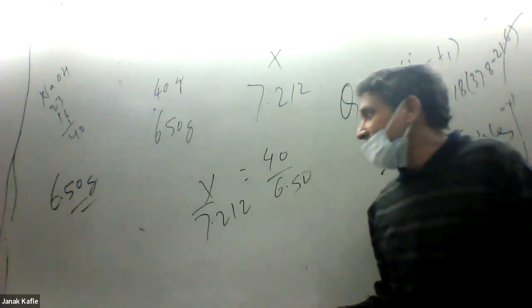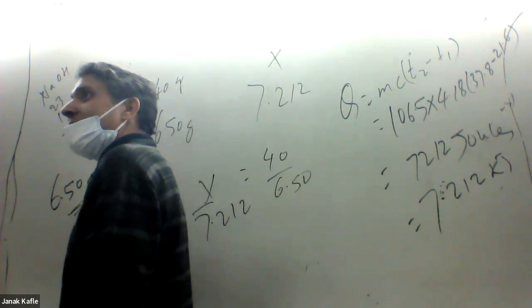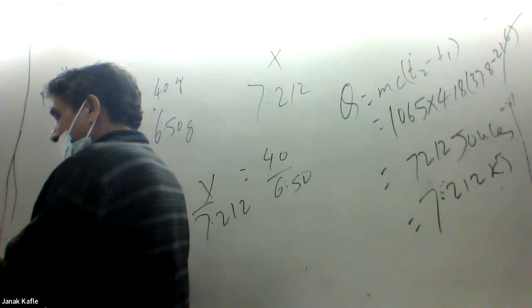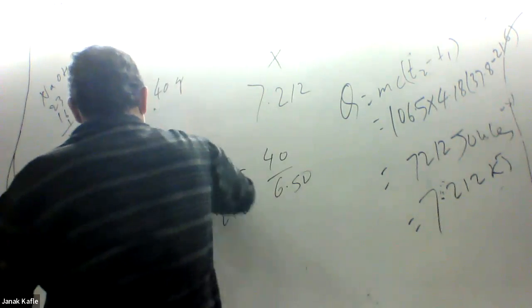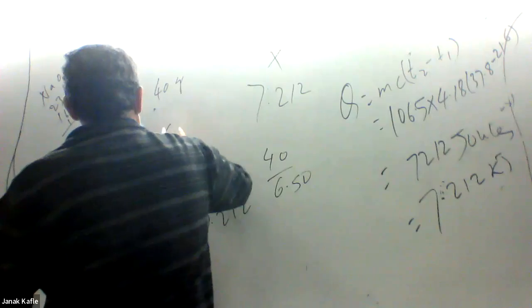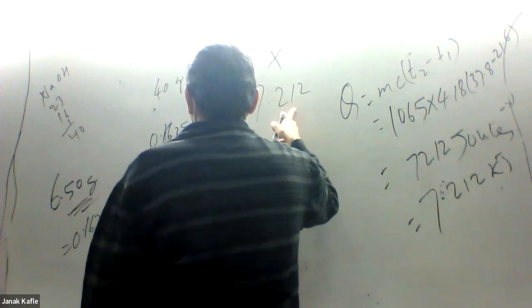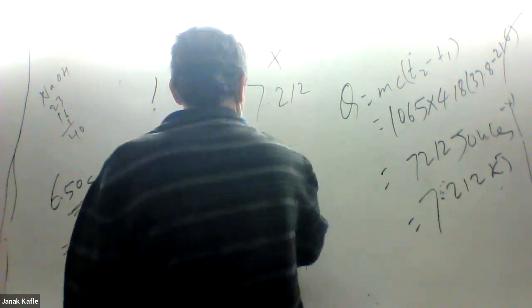But instead of doing that, you could also convert this 6.50 gram to mole. If you convert that into mole, that is 0.1625 moles. And then here you write 0.1625 moles gives that much heat. And then 40 gram would be 1 mole, and that 1 mole would give that much.